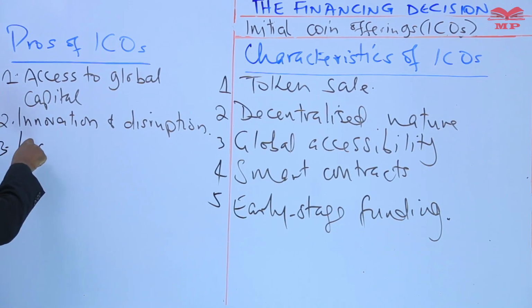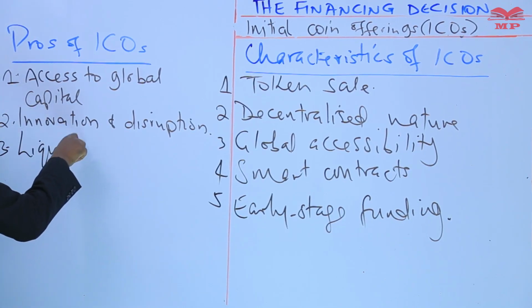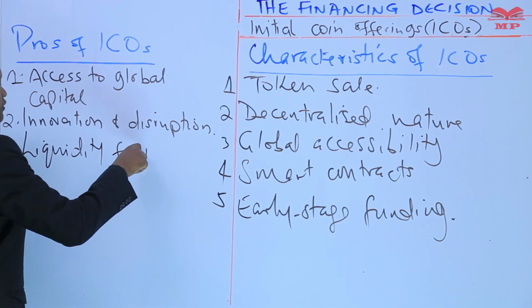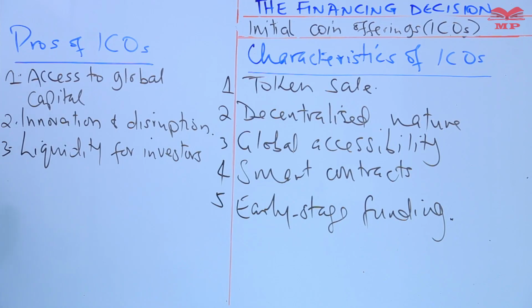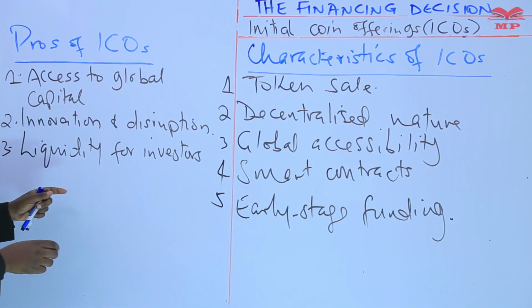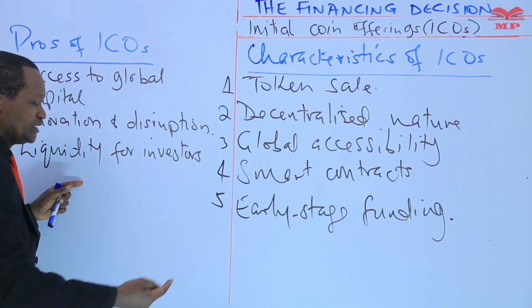3, liquidity for investors. Now, token holders can often trade their tokens on cryptocurrency exchanges, providing liquidity and also the ability to exit their investment and thereby potentially realize profit.